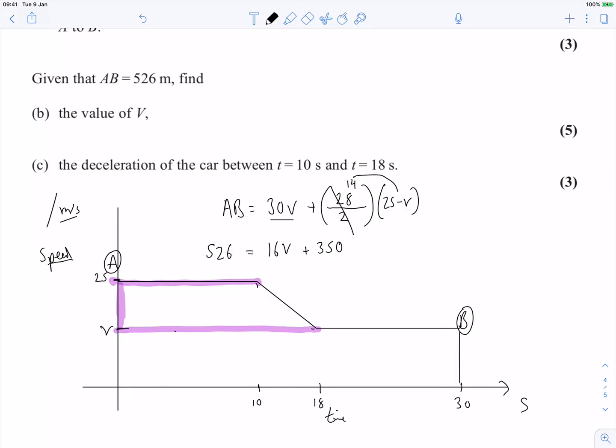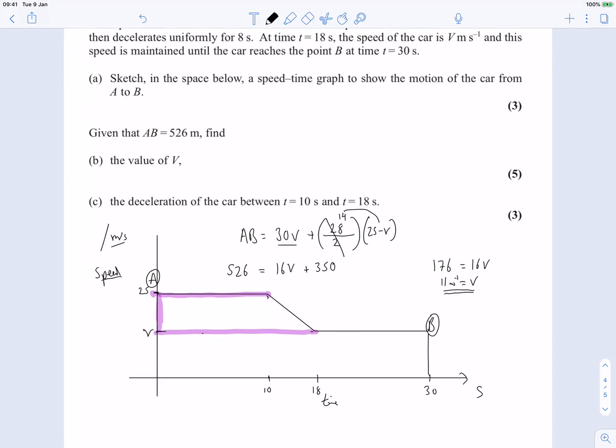So now, if I subtract 350 from both sides, that's going to be 176 equals 16V. And then that's just 11. So V is 11 meters per second by inspection. So that wasn't too bad.